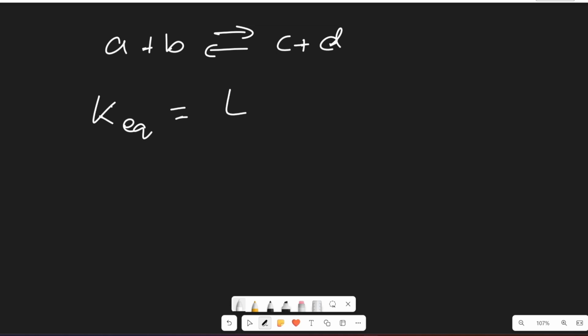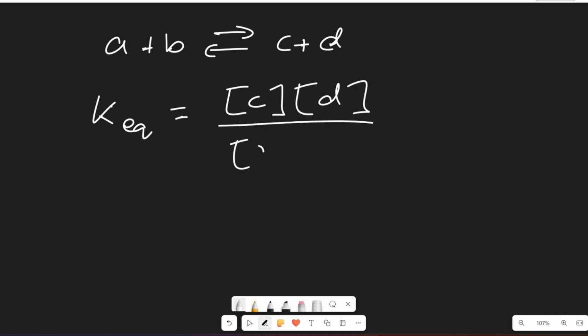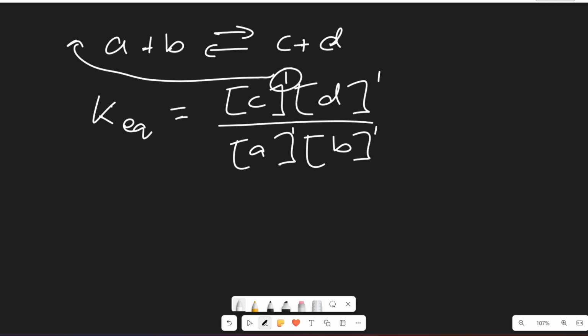So it'd be essentially concentration of C times concentration of D over concentration of A times concentration of B. And these powers here, in this case it would all be 1, are determined by the coefficients here. C has a coefficient of 1, therefore the power of C is 1 in the equilibrium expression.